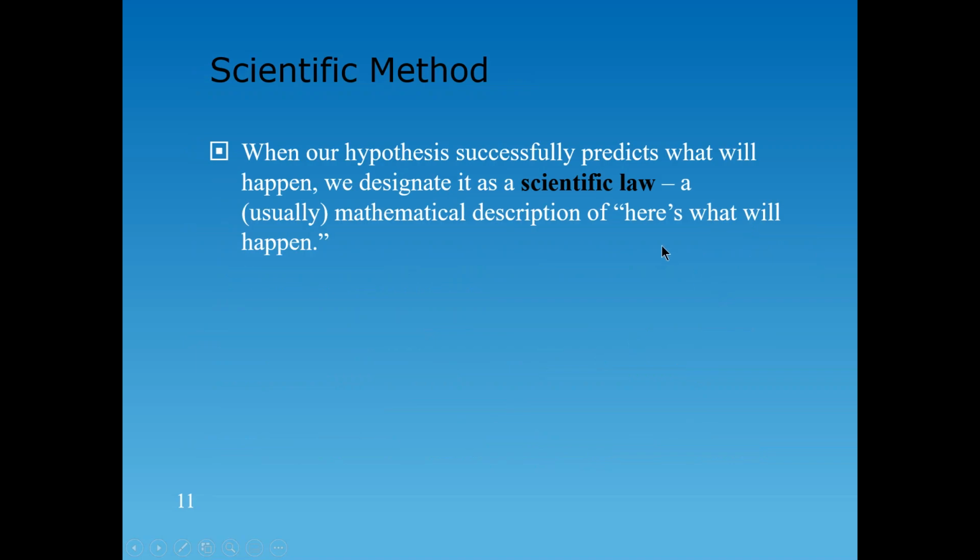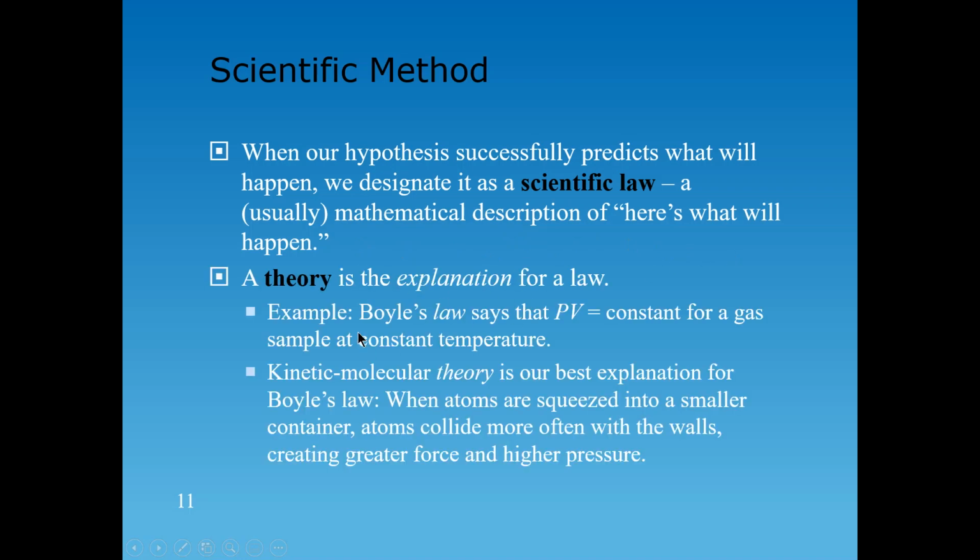All right? When we get to a situation where there's harmony between the hypothesis and the data, then we designate that observation as a scientific law, which is basically and usually a mathematical description of what will happen. Here's what will happen. A theory is the explanation for the law. And basically, a theory is a well-established hypothesis established by the weight of the data as a result of repeated experimentation.